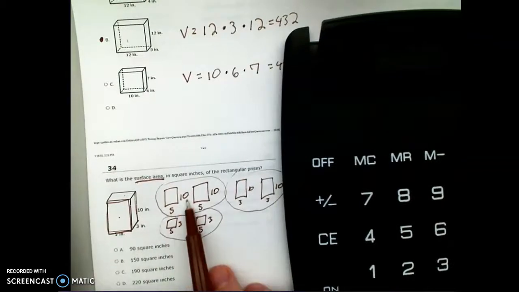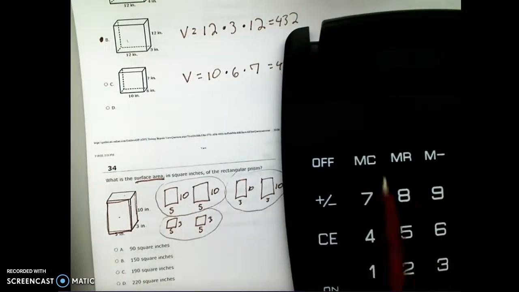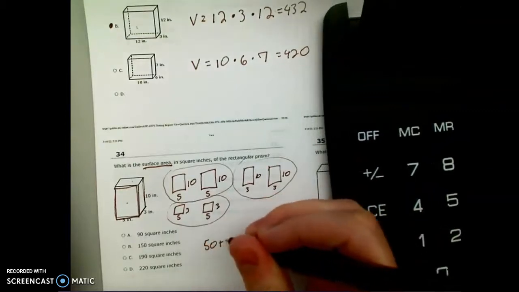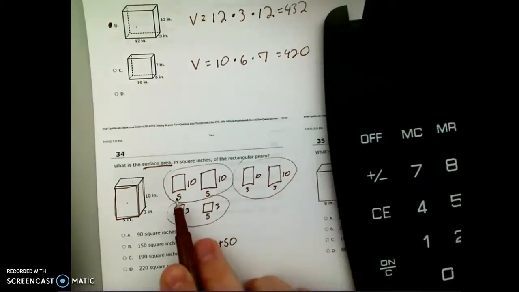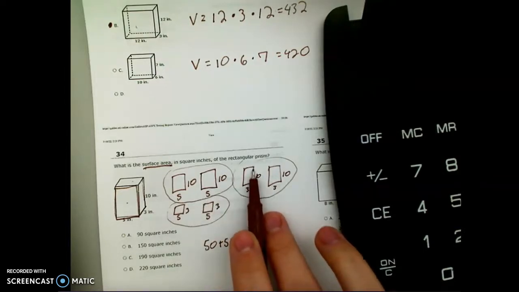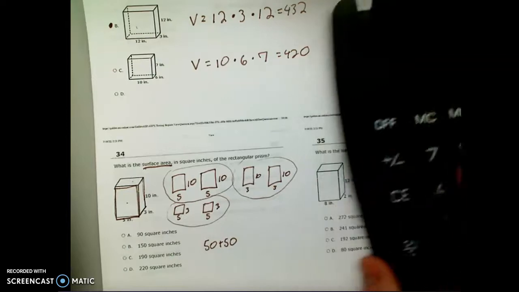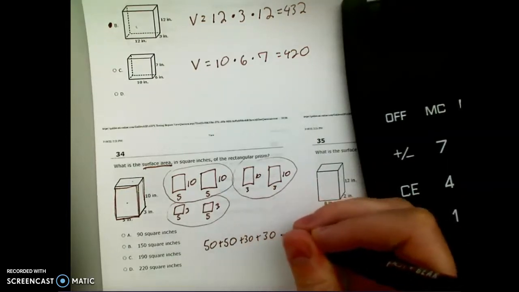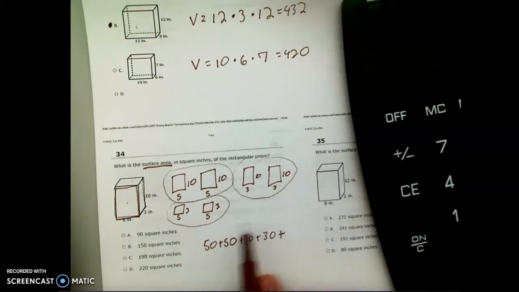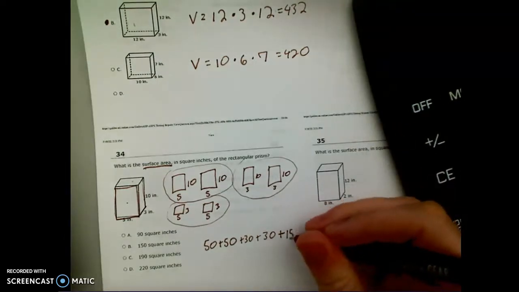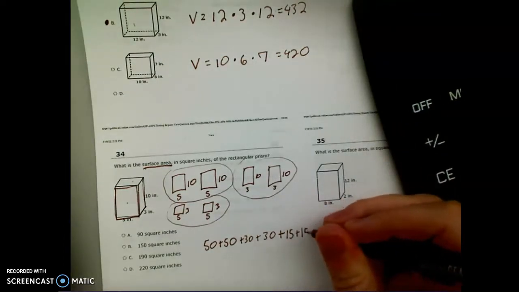We're going to do 5 times 10, which is 50. Now I have 2 of those. The next one is a 3 by 10, which is 30. I have 2 of those. Next I have the top and bottom, which is a 5 by 3, which is 15, and I have 2 of those.